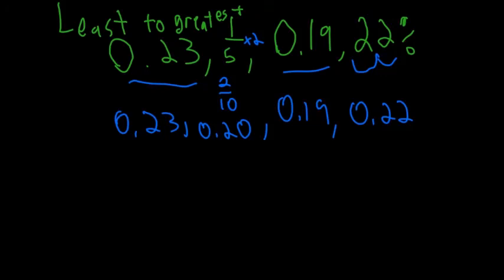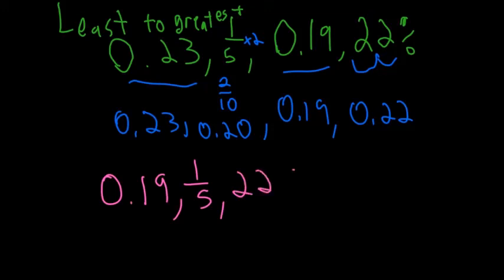My lowest one there would be the 19 hundredths. When you write this, you always want to write them in the original format. So that's going to be 19 hundredths. My next lowest would be 20 hundredths, and its original format was 1/5. My next lowest there is the 22 hundredths, which was 22%. And then my greatest value is the 23 hundredths, which was originally 23 hundredths.